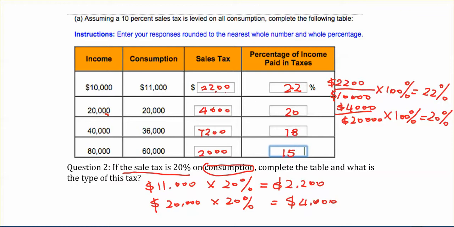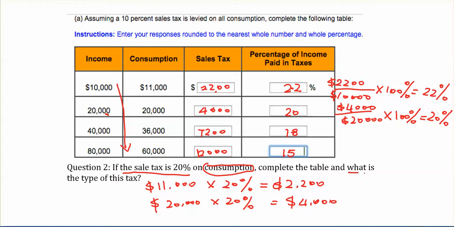So now we can start to finish interpreting this table. In the third column we can see, as our income increases, our tax paid, the sales tax, is also increasing, from $2,200 to $12,000. So obviously as income increases, the sales tax increases.